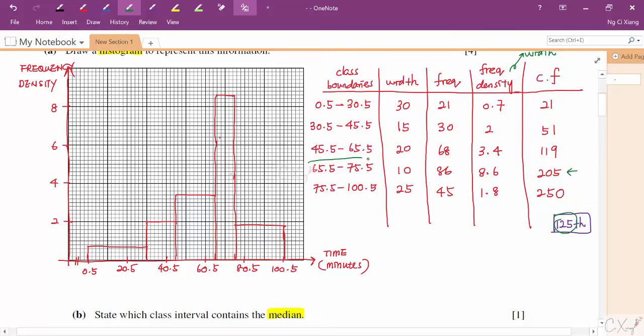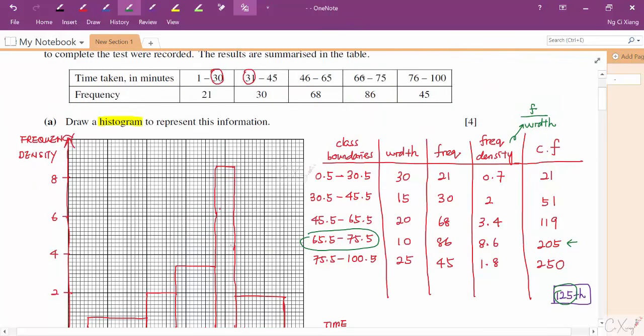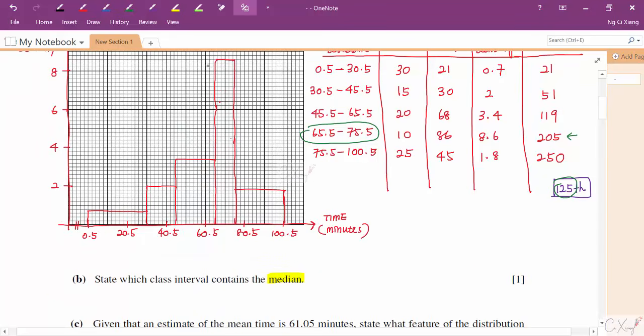This will be your median class, the class interval for the median. So we look at the original class interval, which is 66 to 75. You can straight away write it out as 66 to 75. And this is the class interval that contains the median.